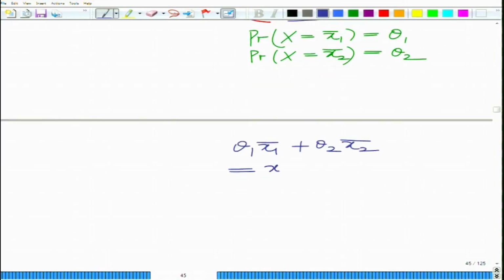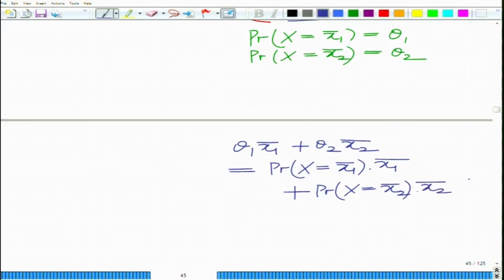Well, this is the probability x equals x1 bar, which is theta 1, times x1 bar, plus the probability x equals x2 bar, which is theta 2, times x2 bar.